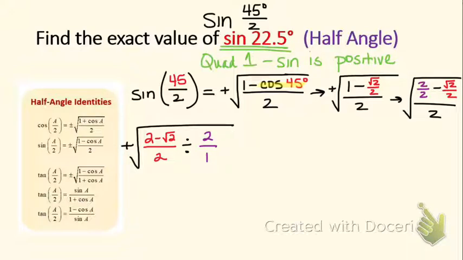So what do you think I'm going to do next here? Got to do the keep, change, flip. So let's do that. Okay. So I have positive, and then my numerator is 2 minus root 2 over 2.